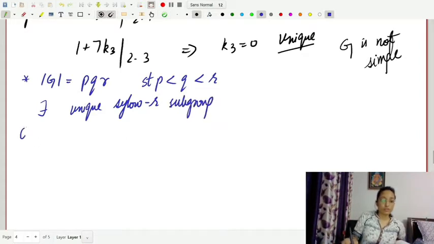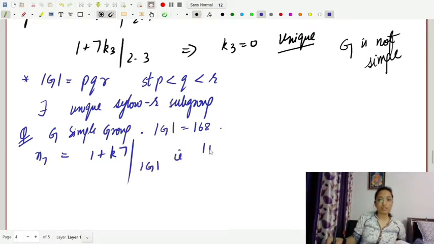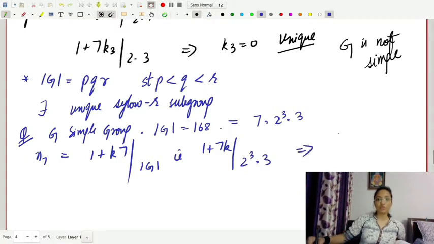Now another question. For G to be a simple group, the order of G is 168. Find the number of Sylow 7 subgroups of G, which is 1 plus 7k divides order of G, that is 1 plus 7k divides 168, whose factorization is 7 into 2 cube into 3, which has only two choices for k, k equal to 0 and 1.